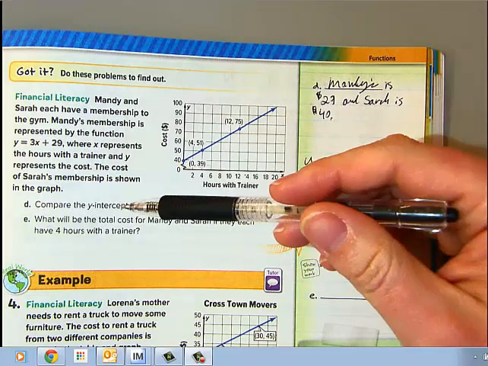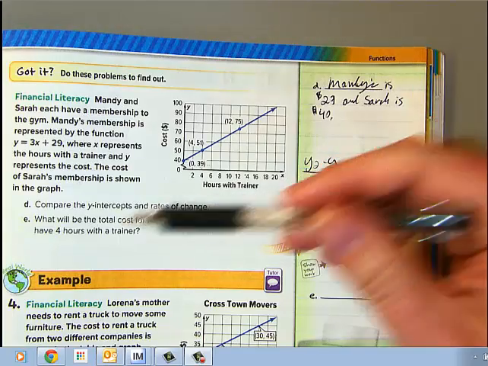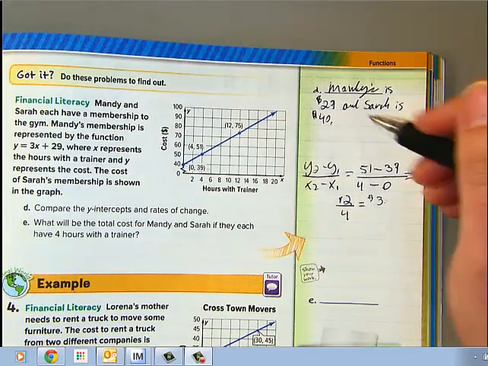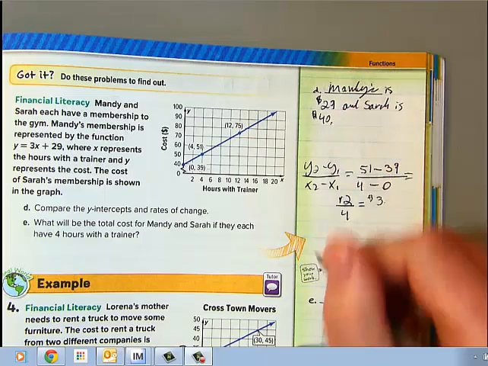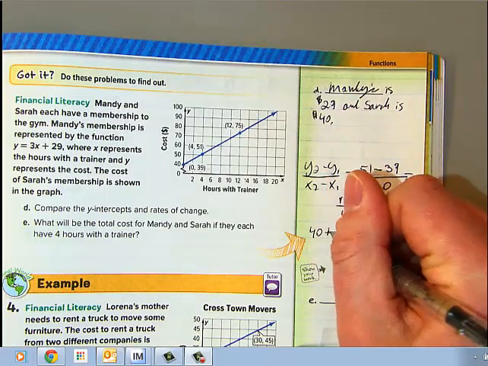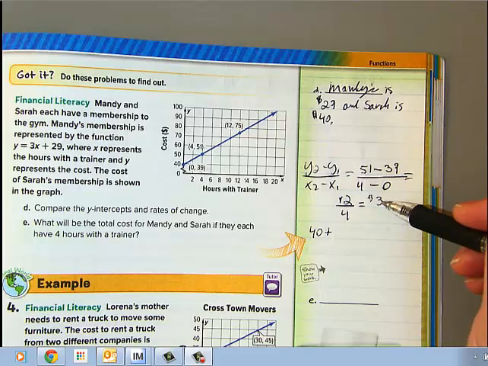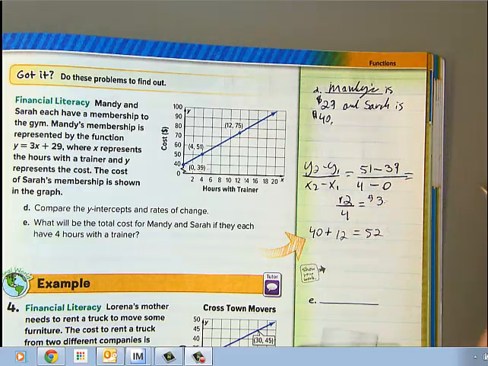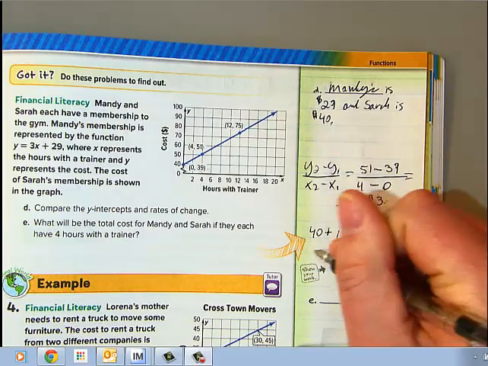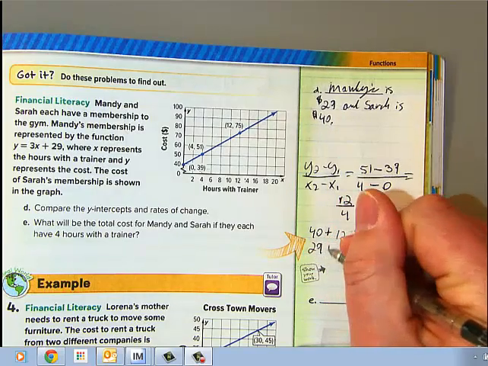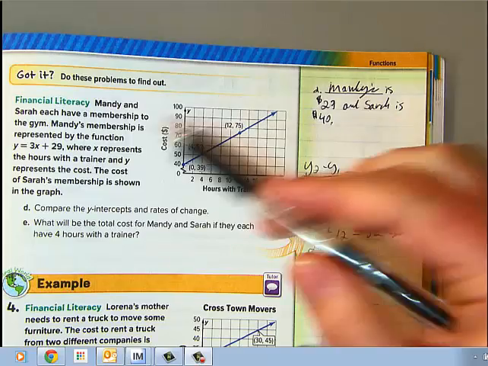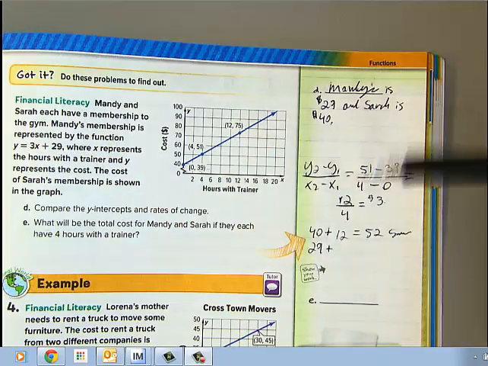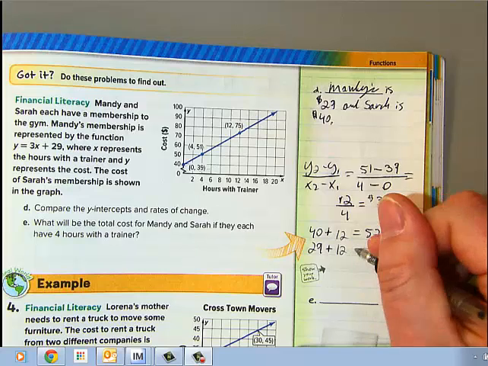E then asks, what will the total cost be for Mandy and Sarah if they each have 4 hours of training? So this one's the 40 for Sarah, plus 4 hours of training. You take the $3 times 4, you get 12. It'll cost her 52 for Sarah. Mandy's 29, plus it's still $3 per hour, and for 4 hours will be $12.